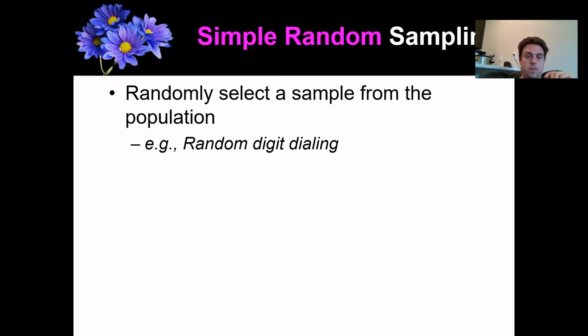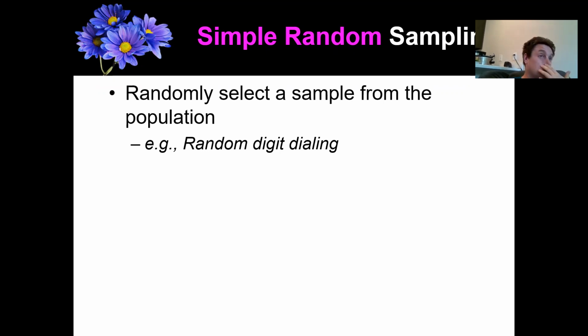So maybe I randomly dial people up, and end up with something that's going to be pretty close to population demographics. So the simplest method is, of course, simple random sampling. And this is, like I've been mentioning so far, just randomly selecting people from the population in question. This is easy to do with surveys or phone surveys.